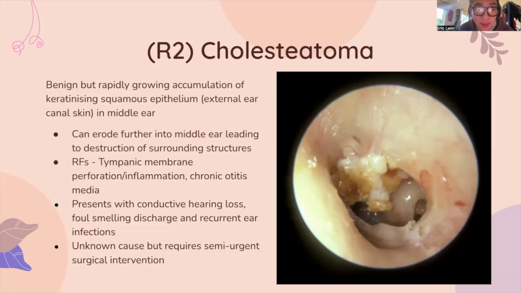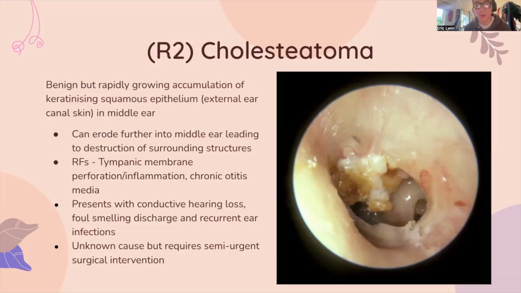So you may get tympanic membrane perforation or inflammation or chronic otitis media. It typically will present with conductive hearing loss, foul smelling discharge, and recurrent ear infections. The cause of this is unknown, but it does require a semi-urgent surgical intervention.